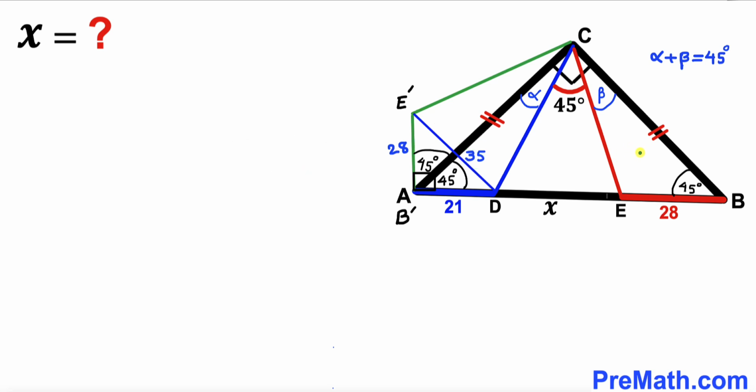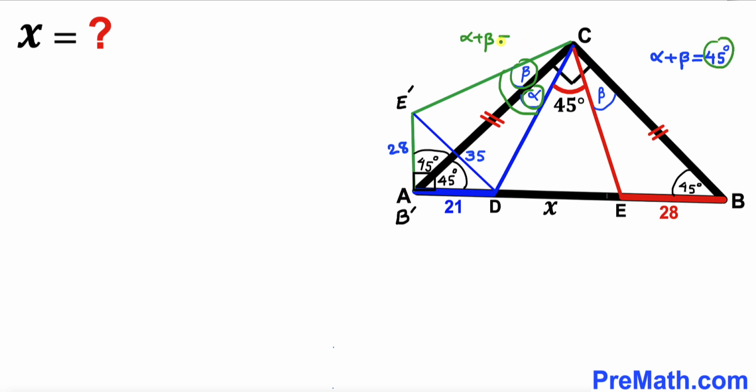Now let's make an observation. Once again, we know that this whole triangle is the same as this triangle. Therefore, if this angle is beta, then this angle has got to be beta as well. This angle DCE prime is going to be alpha plus beta, and we know that alpha plus beta is equal to 45 degrees.